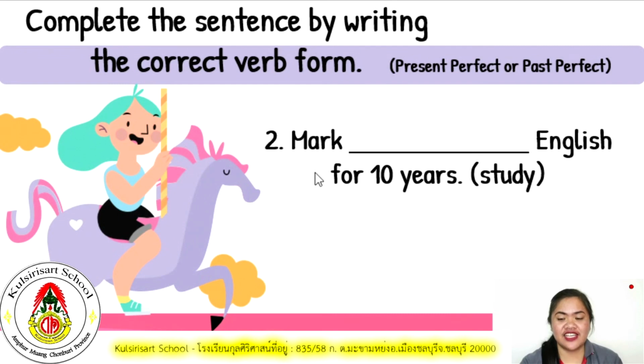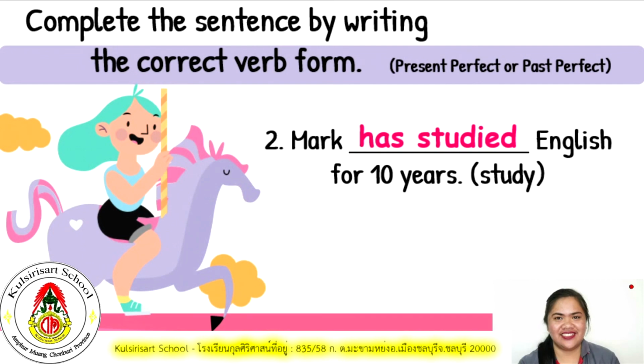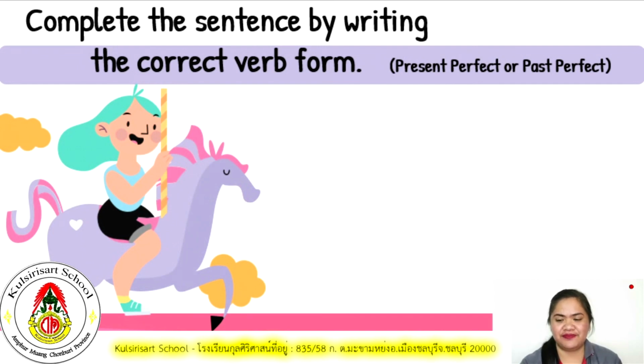Okay, since this sentence doesn't have any other verb, which means that our sentence must be in the present perfect tense. So, of course, since our subject is singular, when it's in the present perfect tense, we will use has or have. Very good. Has plus the past participle of the verb study, that will become has studied.